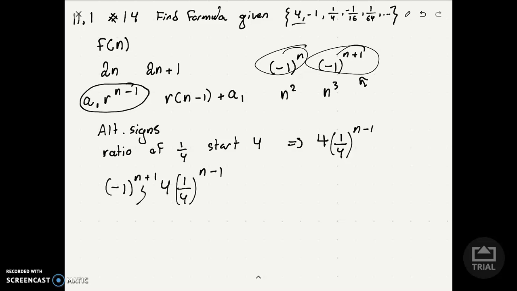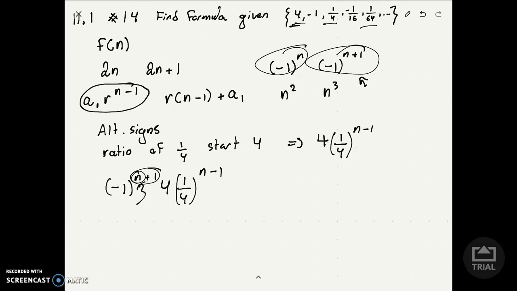And that's because we're starting at 1. So 1 plus 1 is an even exponent. So for odd indices, this would be positive, and that's exactly what we want. We want it to be positive at 1, 3, 5. So at odd indices, it's positive, so we'd use n plus 1.